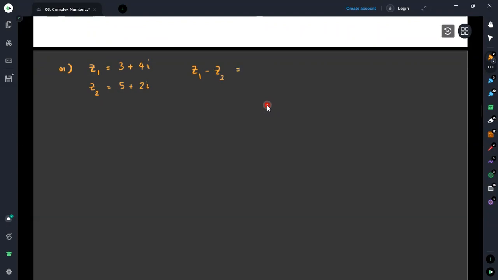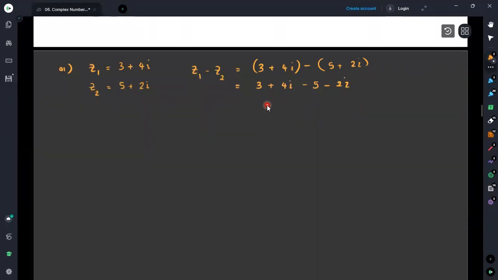Then we can get Z1, it is 3 plus 4i, then minus, it is 5 plus 2i. Now we can see that the negative sign here is quite like multiplying by a scalar, as this minus 1 times this quantity. Therefore, we'll consider this first. Here we'll get 3 plus 4i, and then if you multiply this, we'll get minus 5 minus 2i.